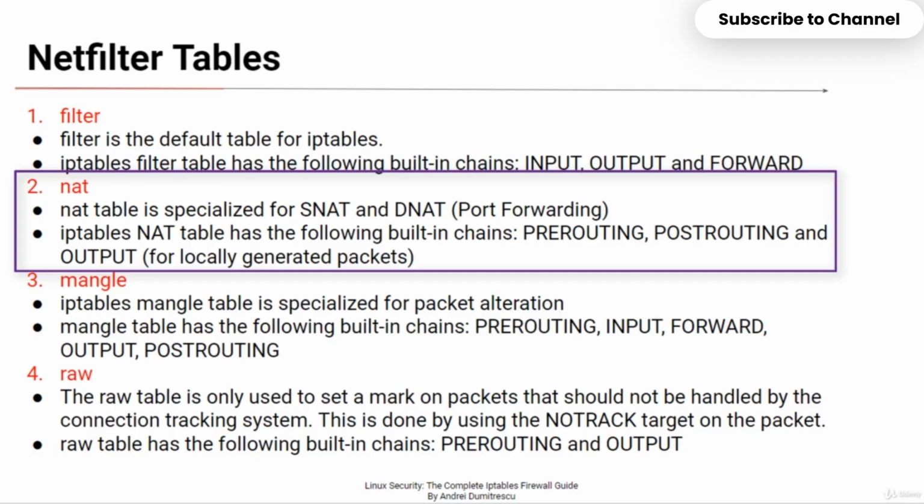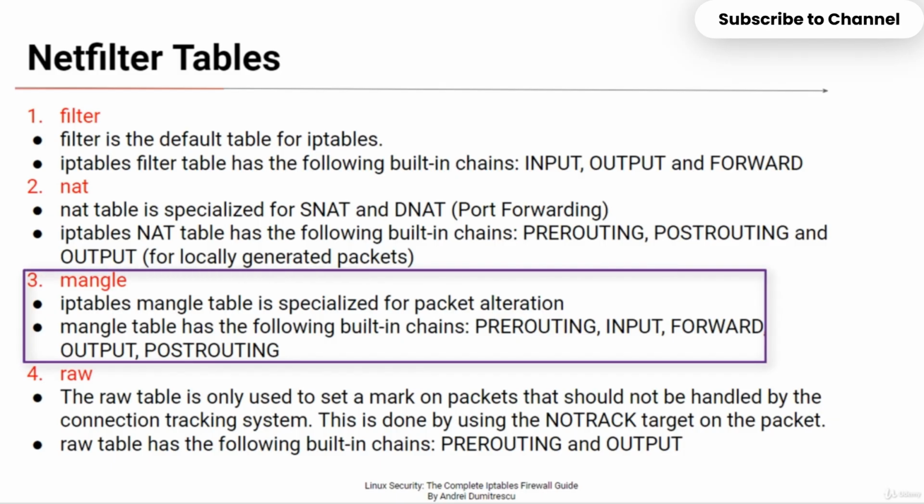The iptables nat table has the following built-in chains: PREROUTING for DNAT or port forwarding, POSTROUTING for SNAT or masquerade, and OUTPUT if we want to configure NAT in a different way for locally generated packets.